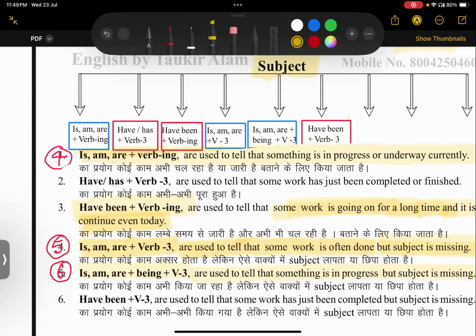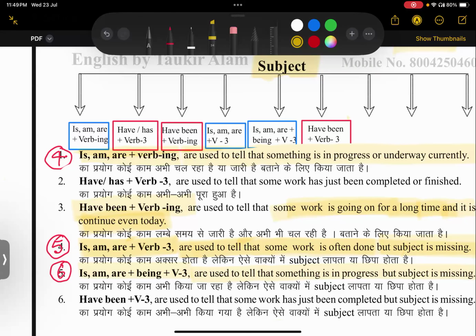That is, I have been. If you want to say that this work has been in progress for a long time, then say have been plus ing form. So, she has been watching reels for 2 hours.